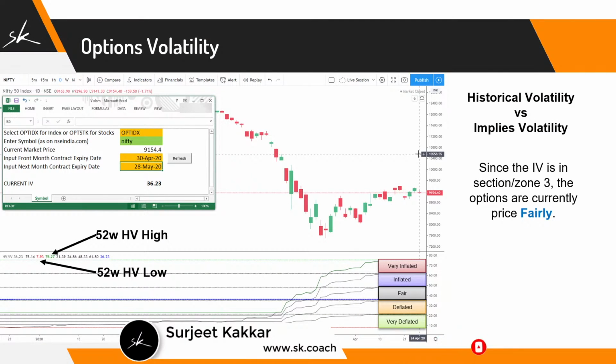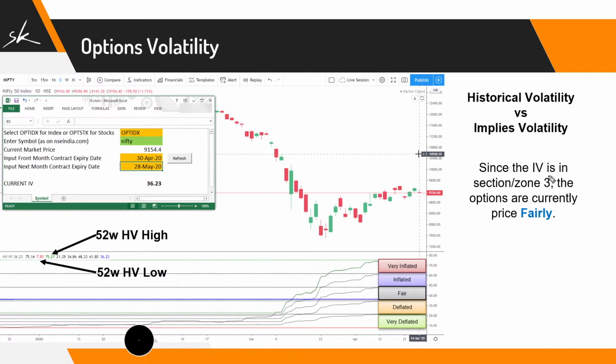Okay, so this is just an example. So here you can see, we were having a value of 36.23, and 36.23 lies in the fair section. So that's your very deflated section 1, section 2 deflated, section 3 fair, section 4 inflated, and section 5 is very inflated. So this example shows you that at this given point of time, Nifty was in the fair value.